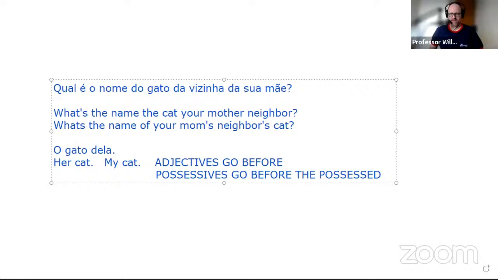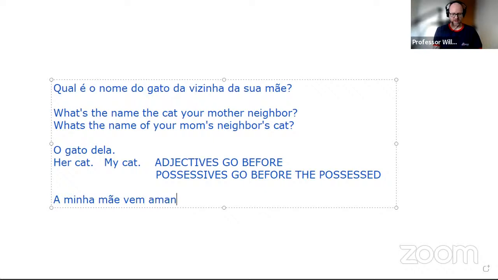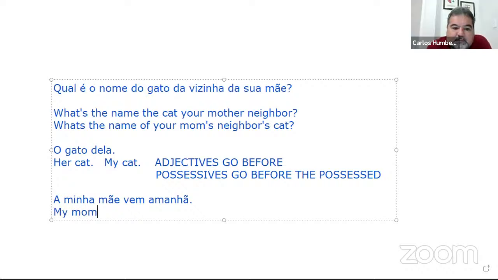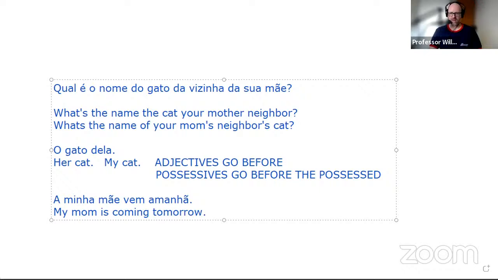Cat. So, remember, em português, nós falamos a minha mãe vem amanhã. Como é que nós dizemos a minha mãe vem amanhã? My mom. My mom is coming tomorrow. Cadê o the? Não tem, right?